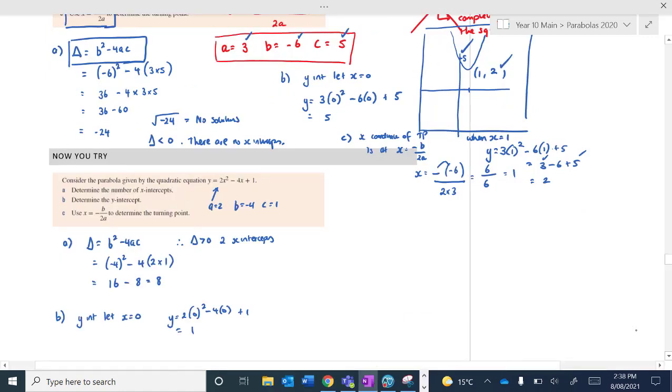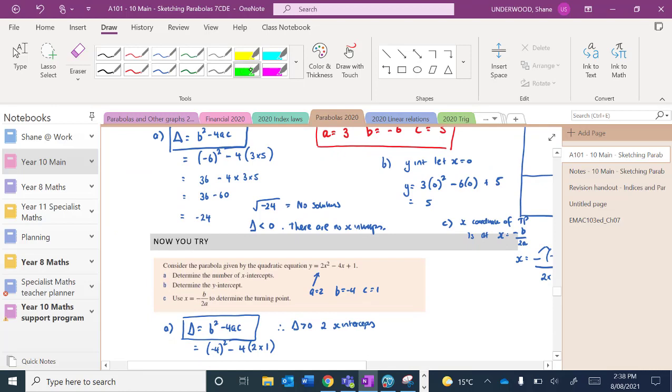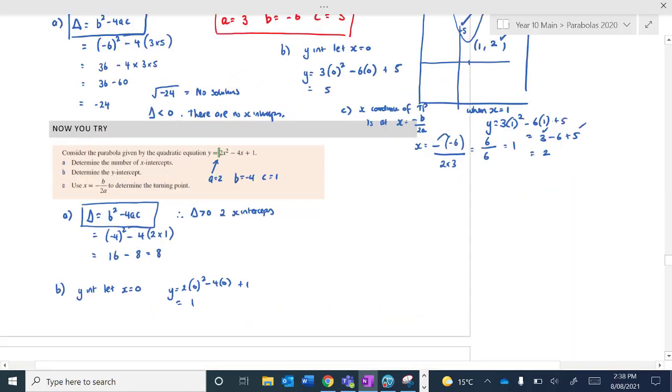All right, so I've done the first two there. Determine the number of x-intercepts. In order to do that, we're going to have to use the discriminant, which is b squared minus 4ac. First of all we identify what a, b, and c are. a is the coefficient of x squared, which is 2, b is the coefficient of x, which is minus 4, and c is the constant, which is 1.